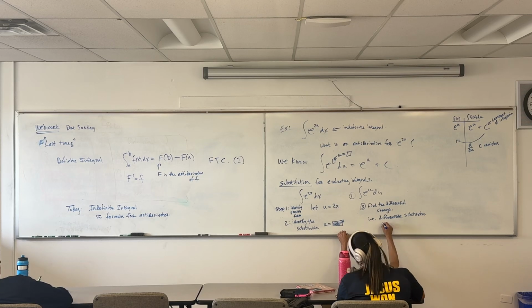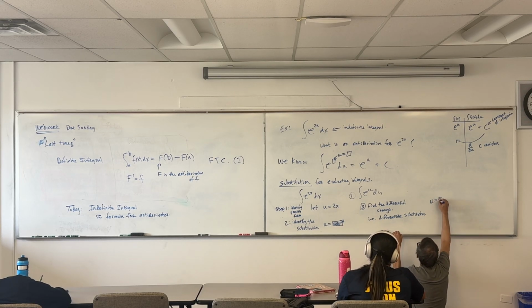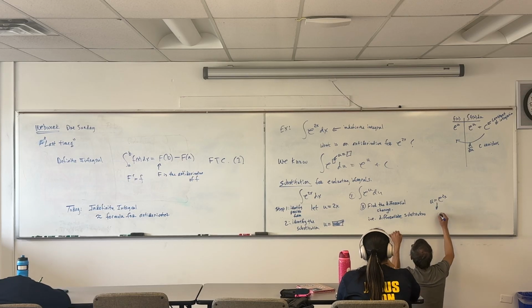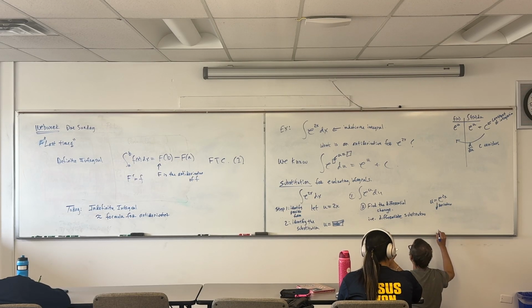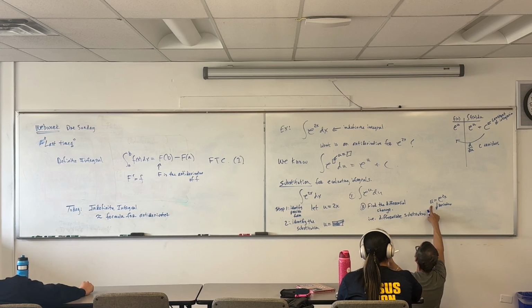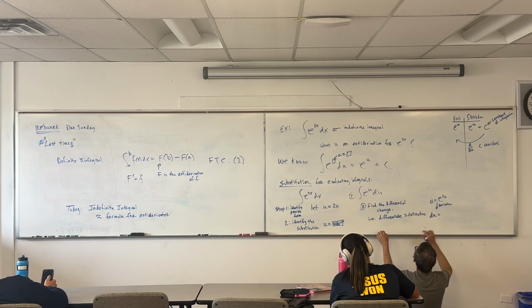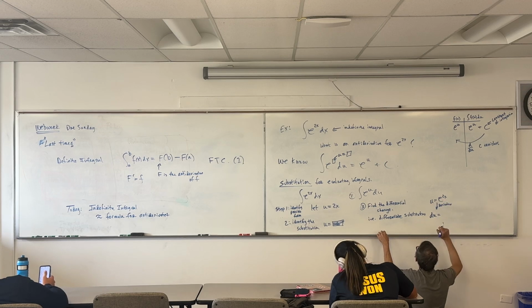So I've got this u, let's put it right here, u equals e to the 2x, and now I'm going to take the derivative. But I'm going to write it a little bit differently. I'm going to use this differential notation. So when I take the derivative of the left side, it just becomes du. It will always become du. The right side, I take the derivative of e to the 2x.